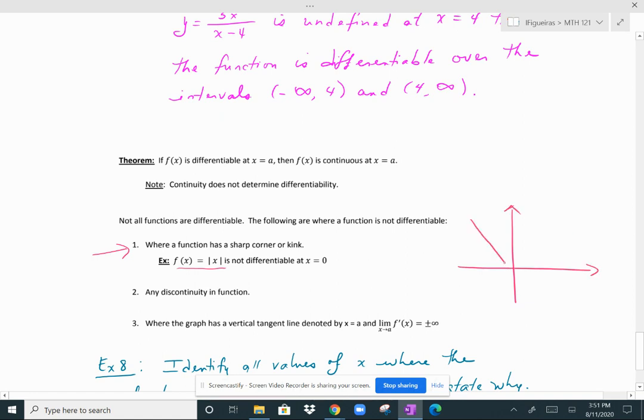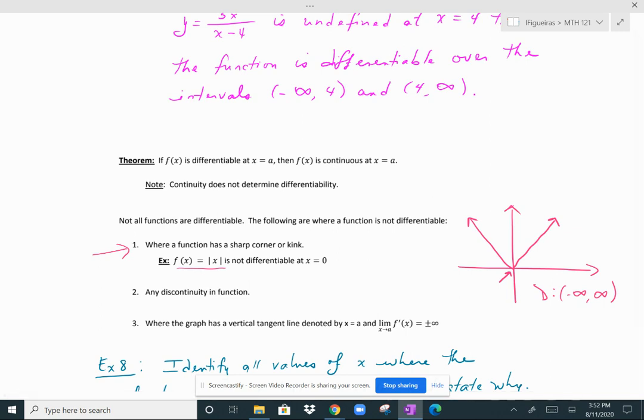It looks like this. So the domain is all real numbers, but the derivative does not exist right here at the origin because that's considered to be a corner.